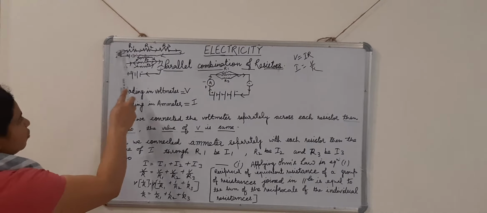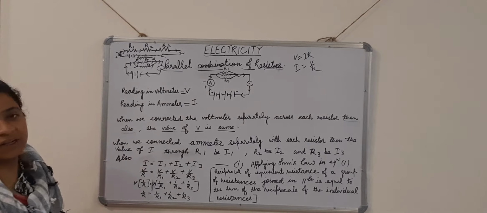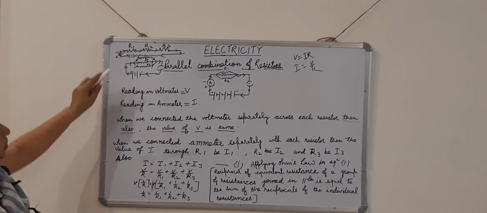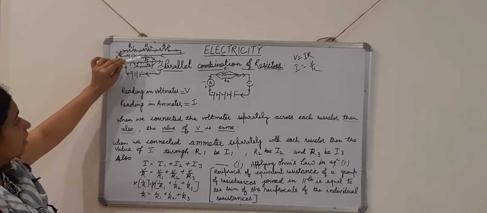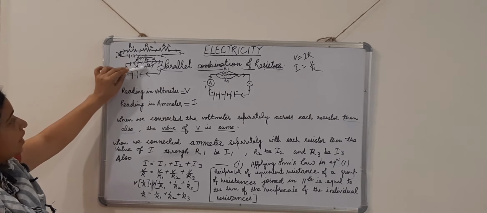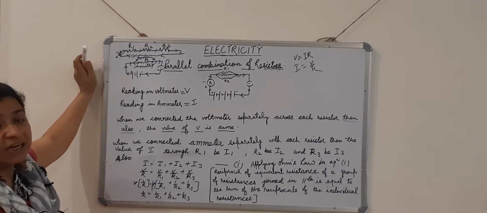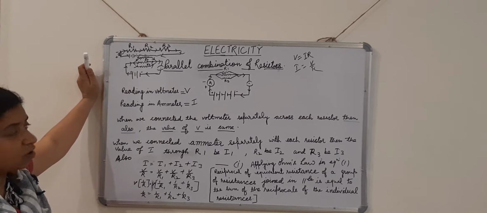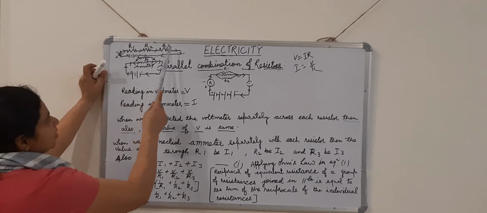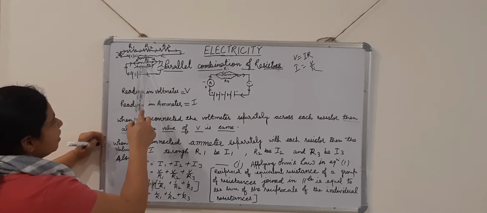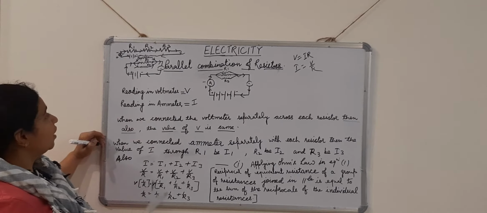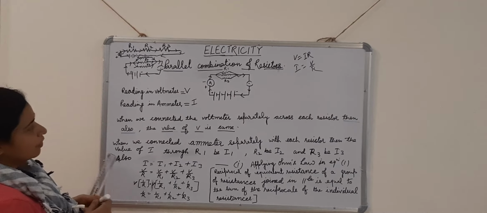If it is moving through the same path, then it is a series combination. Here the path of the current is divided into three, so I know this is a parallel combination. In series, the three resistors were connected end to end, but here they are connected separately.